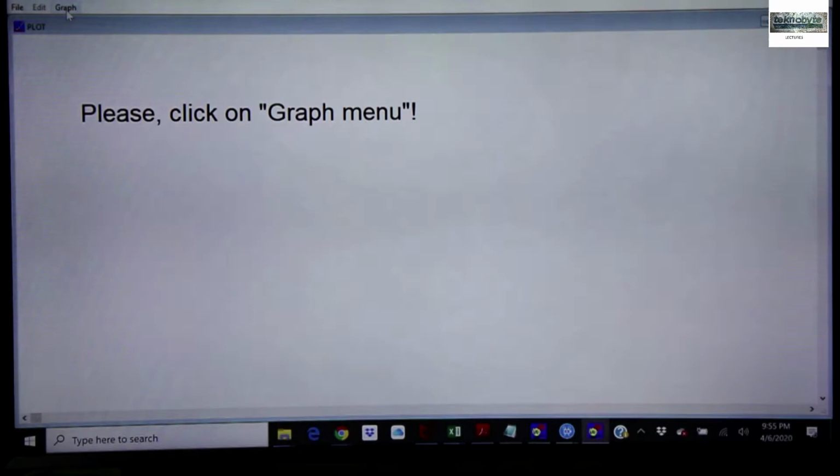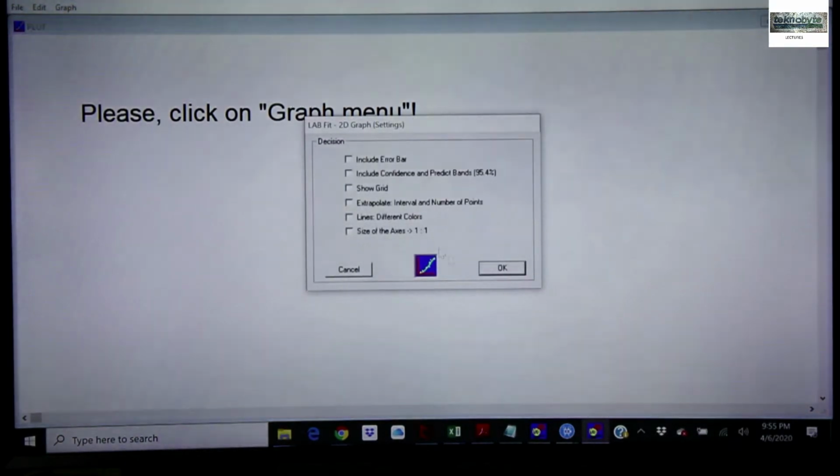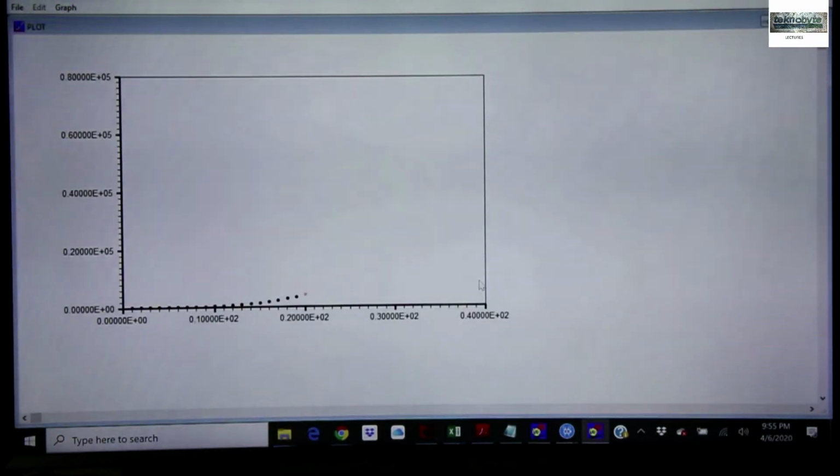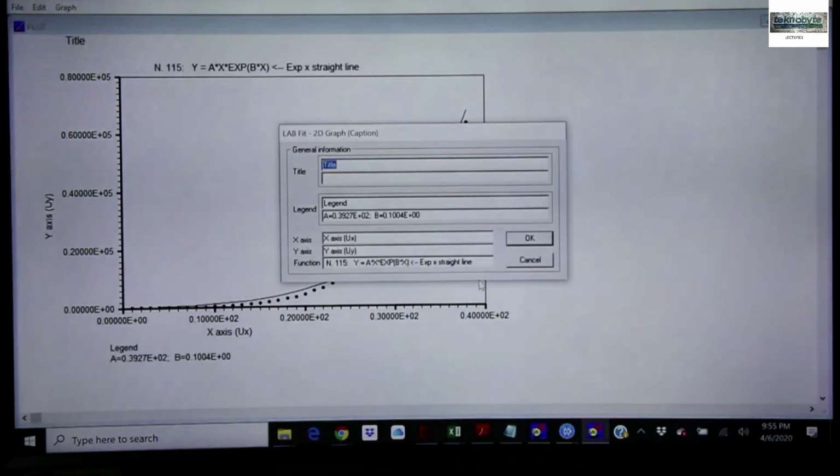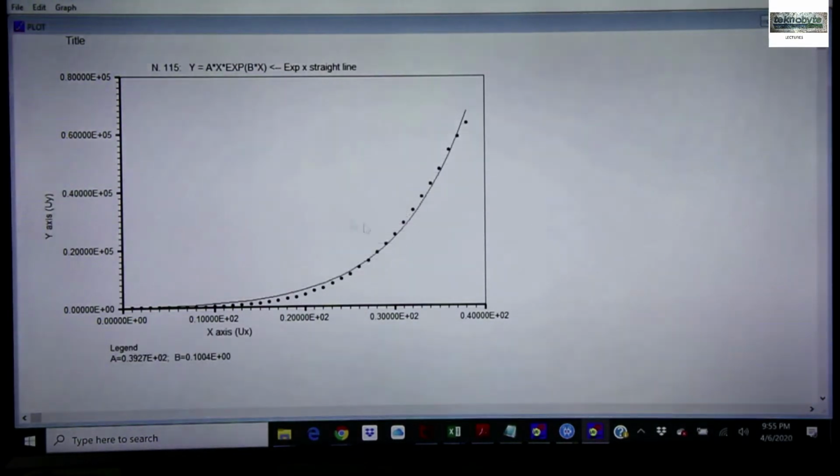But the function that I found that best suits my data is given by y equals a x times e raised to bx. A is equal to 39.27, while b is equal to 0.1004.